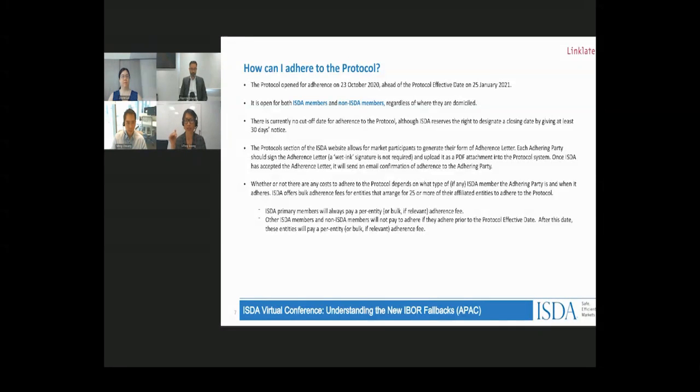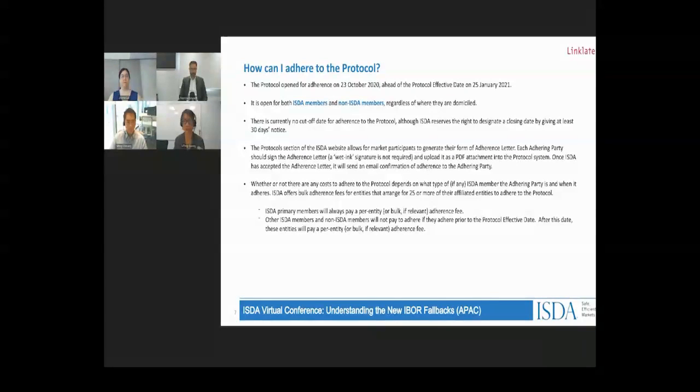The key thing to note here when you generate your adherence letter is, as Francis and Joyce have said, that perhaps you need to due diligence your existing book of trades, because not all trades you will want to be amended in line with the supplement. For some trades, you may want bespoke amendments, for example, for hedging trades where you want to match or fit with the terms of existing loan or bond documentation.